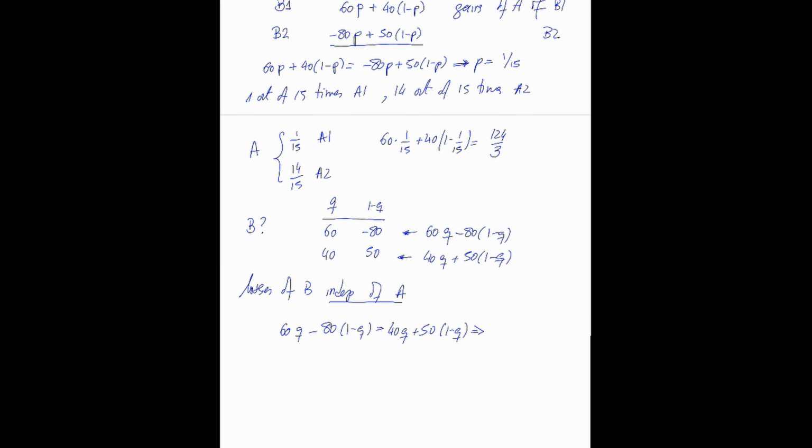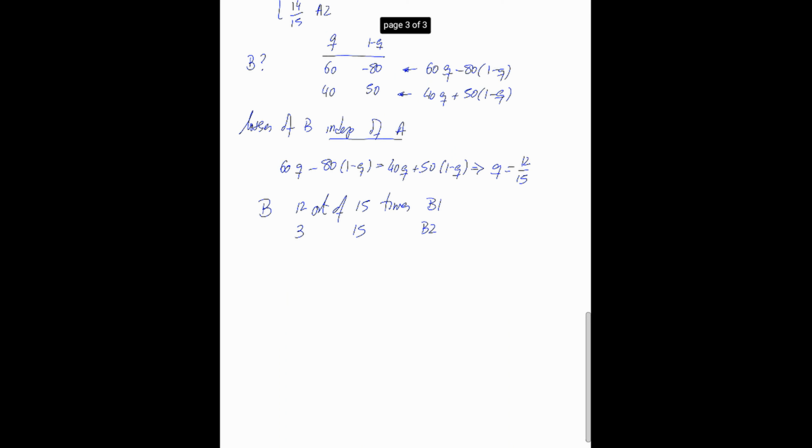And from here, we get that Q is equal to 12 over 15. So B should play 12 out of 15 times the strategy B1 and 3 out of 15 times the strategy B2. And that's the mixed equilibrium for this game. We have P is 1 over 15, which means A1 is played 1 out of 15 times, and A2 is played 14 out of 15.